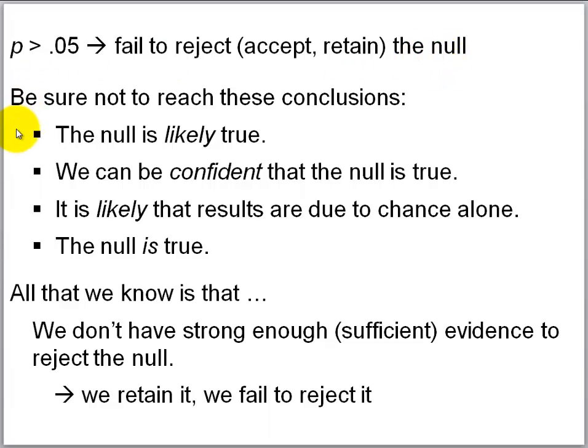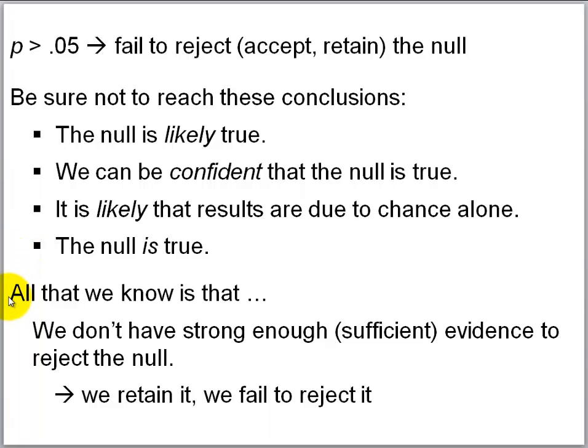So in a situation like this, be sure not to reach these conclusions. They don't follow. The null is likely true. We can be confident that the null is true. It is likely that the results are due to chance alone. The null is true. None of these conclusions are valid conclusions.